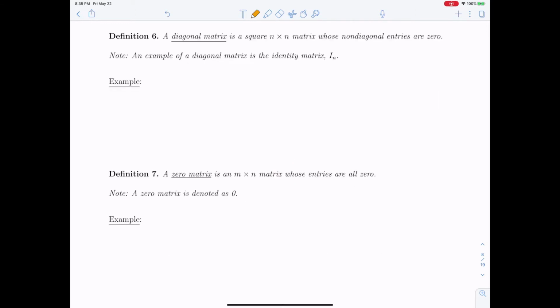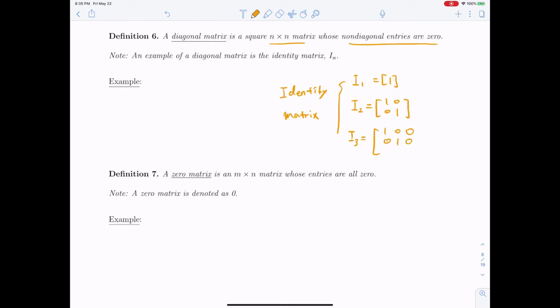A diagonal matrix is a square matrix in which all the non-diagonal entries are 0. For example, all the identity matrices are diagonal matrices. I sub 1 is just 1, and I sub 2 equals 1, 0, 0, 1, and I sub 3 equals 1, 0, 0, 0, 1, 0, 0, 0, 1, and so on.